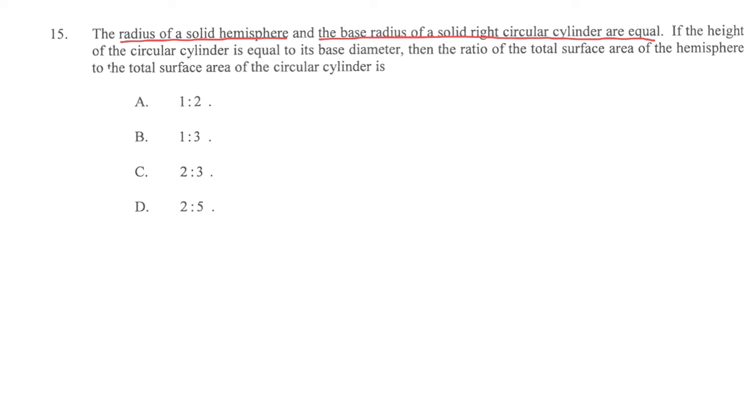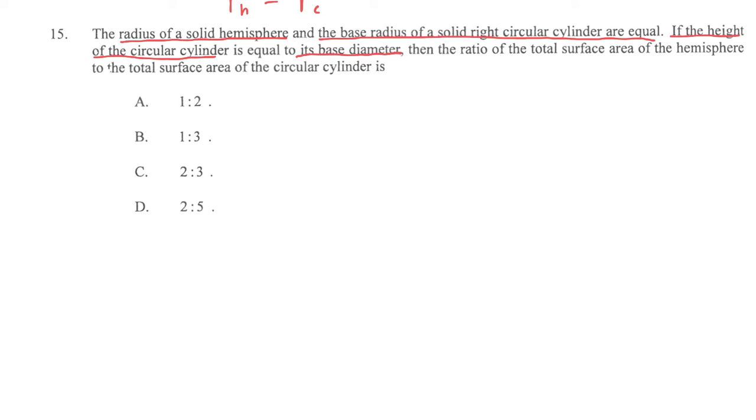Because they are different radiuses, I'll name them as radius of hemisphere, RH, and the radius of the cylinder, RC. And they told us that they are equal. So RH equals RC. And they also told us that the height of the cylinder, HC, is equal to its base diameter.